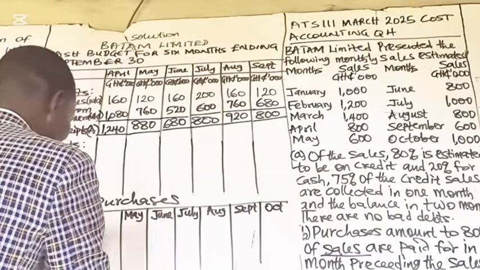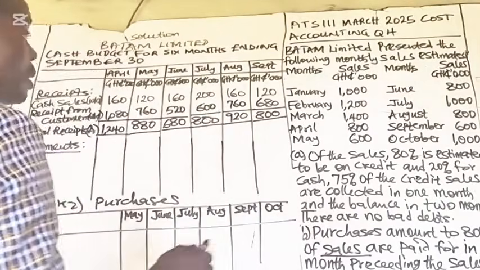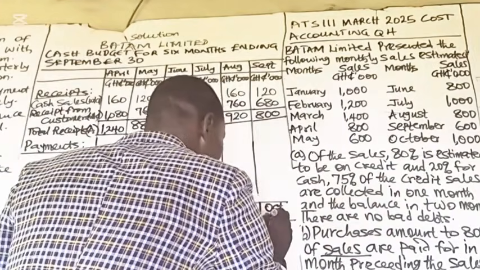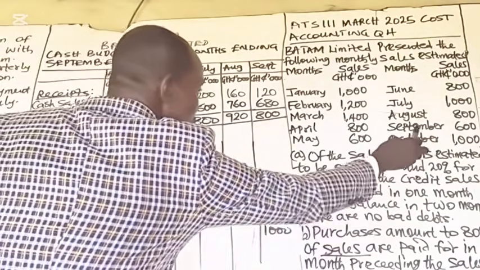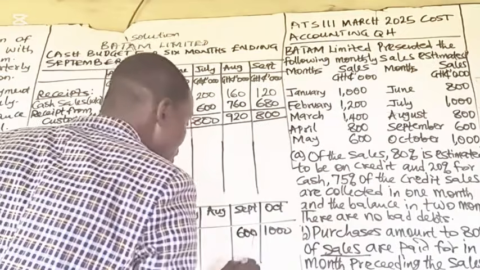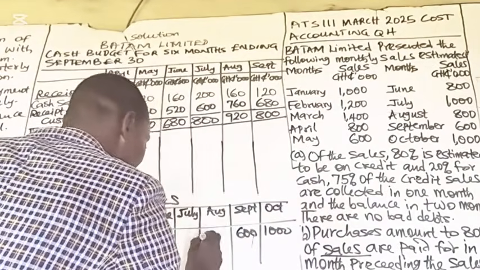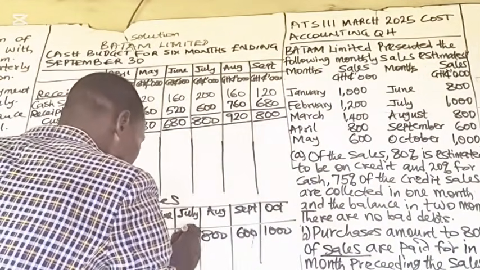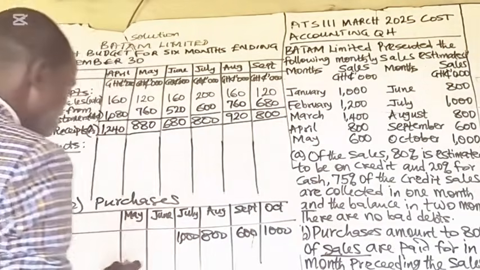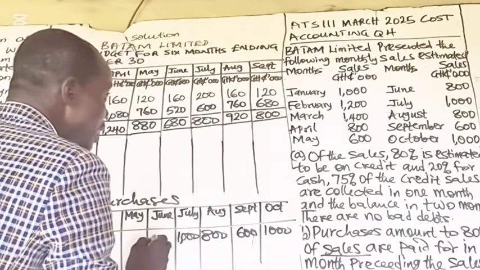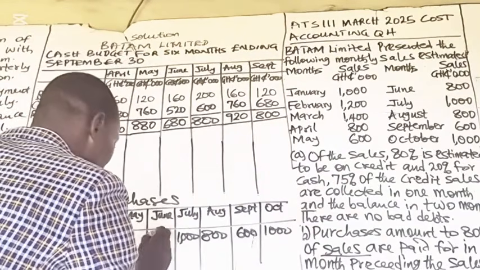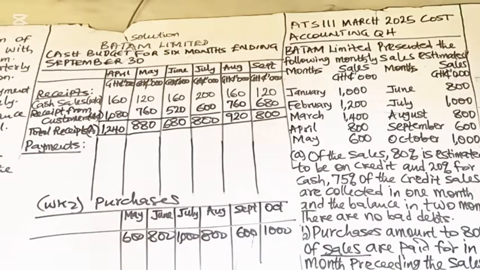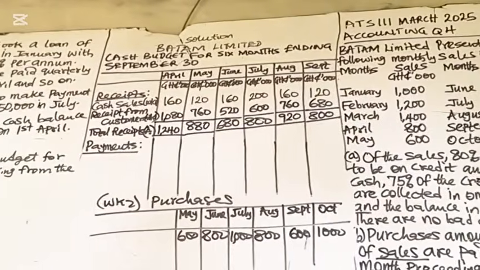Let me recall this amount is in 1,000 CDs. October 1,000. That means 1 million CDs. September 600. That is 600,000 CDs. August 800,000 CDs. Then July 1 million CDs. Then June, that is 800,000 CDs. May 600,000 CDs.